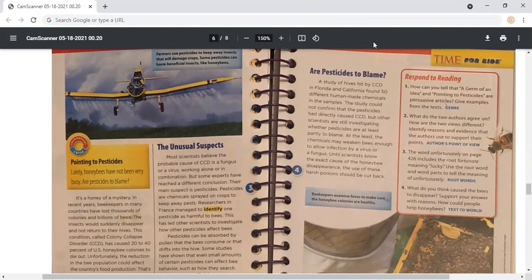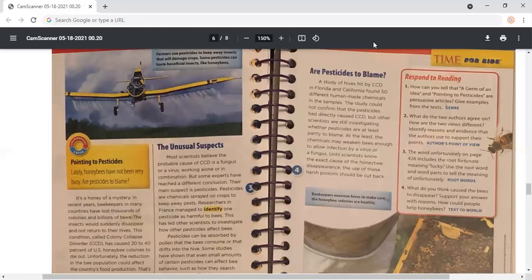So here, which details do we have? How do we know that this author believes, other than, of course, the title, that pesticides are to blame for the decline in the honeybee population? The author writes that researchers found one pesticide that is harmful to bees. We know that even small amounts of pesticides can affect bees' behavior.